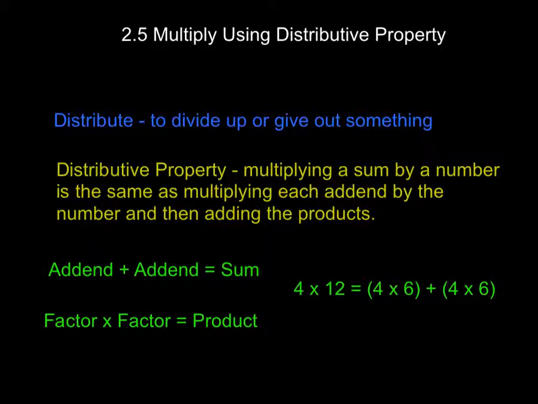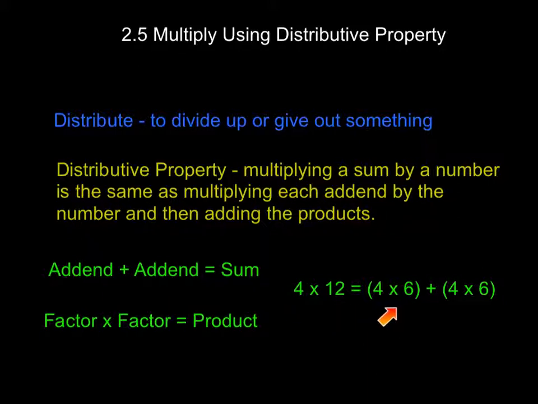So an example of distributive property can be seen right here. We have 4 times 12, which is the same as saying 4 times 6 plus 4 times 6. And I got the 6's from this 12. I divided 12 by 2. And I know that 6 plus 6 equals 12.